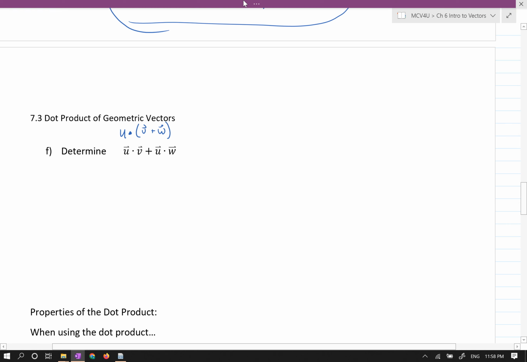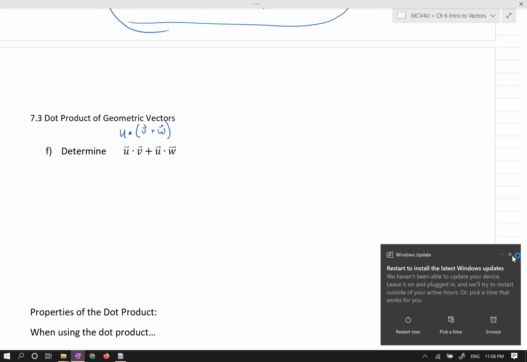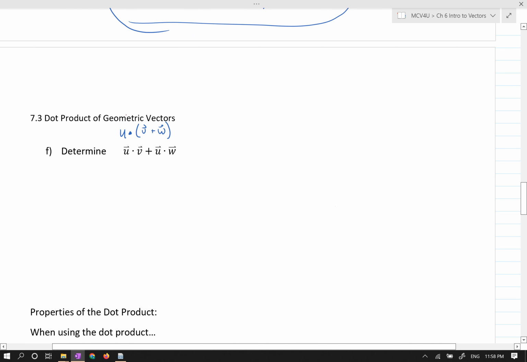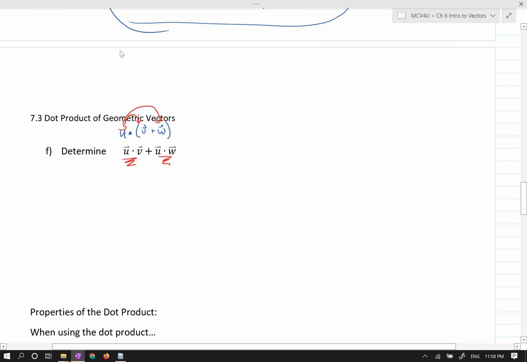What happens if we take advantage of some properties that we've learned about in the past? Well, right here, we could distribute. If we have some addition inside some brackets and some multiplication outside, we could distribute our first vector, in this case u, into those brackets, and we'd be working with u dot v plus u dot w.